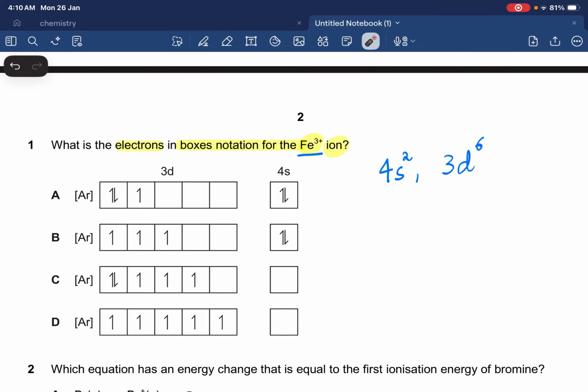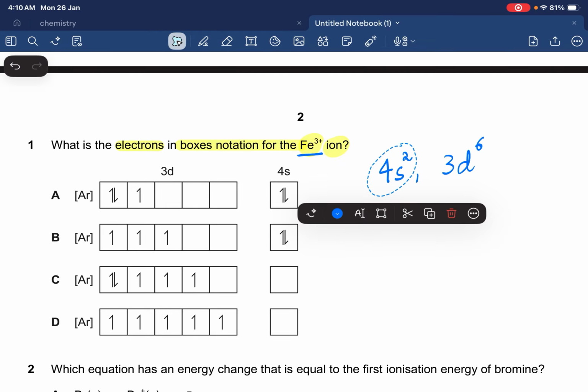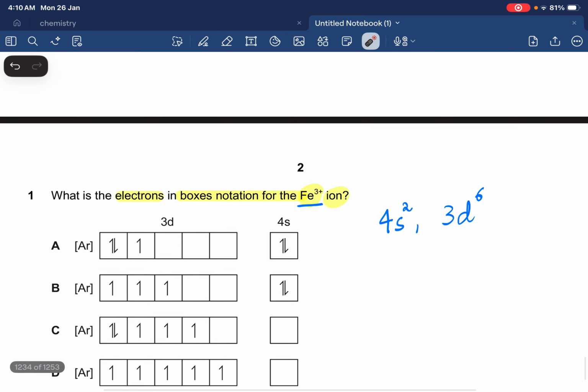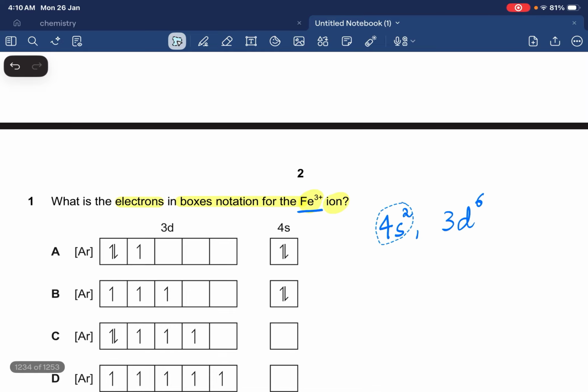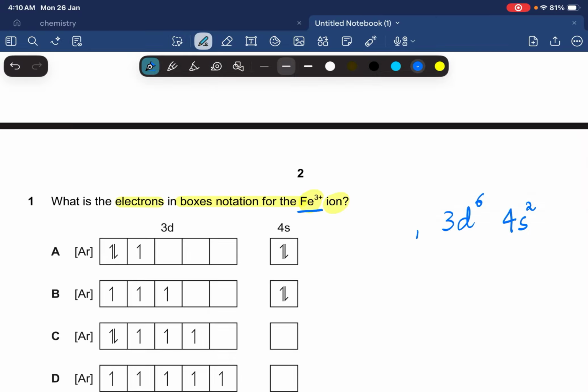Now if I tell myself about the energy levels, I know that 4s subshell has more energy once filled. Initially, it's on a low energy. That's why it gets filled first before the 3d. But once filled, it moves to a higher energy like this. So now it has more energy than the 3d subshell.